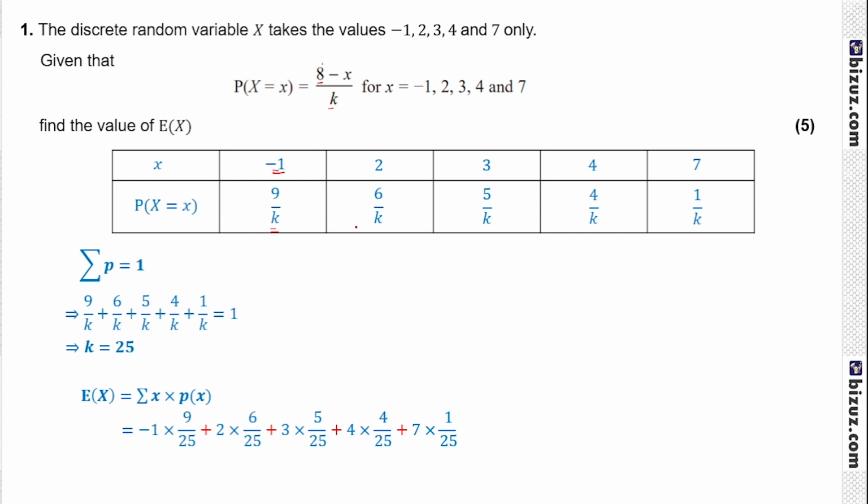This is 9 by 25, this is 6 by 25, and so on. So -1 times 9 by 25 plus 2 times 6 by 25 plus 3 times 5 by 25 plus 4 times 4 by 25 and plus 7 times 1 by 25. So we add all of them up, and now we get our final answer of 41 by 25. Now that's the expected value of x.